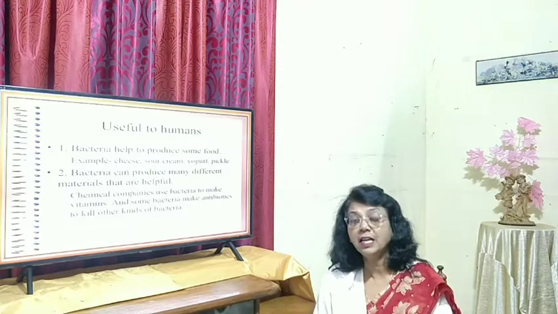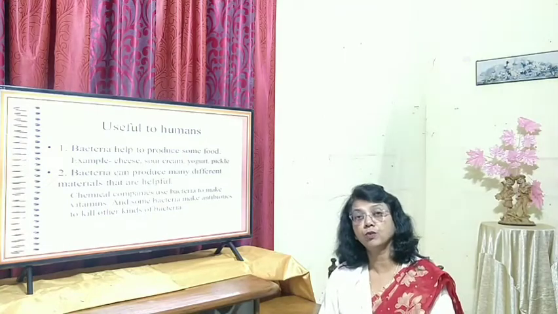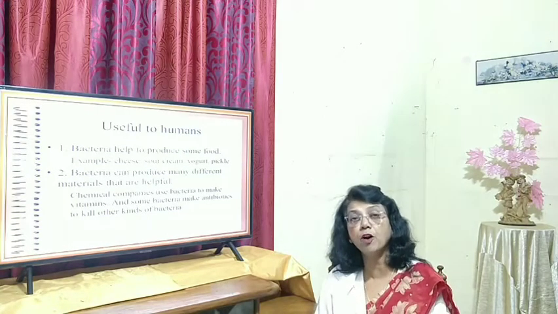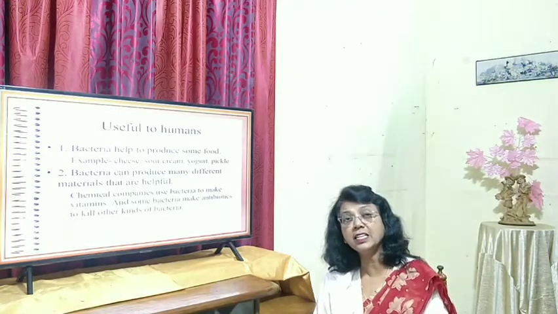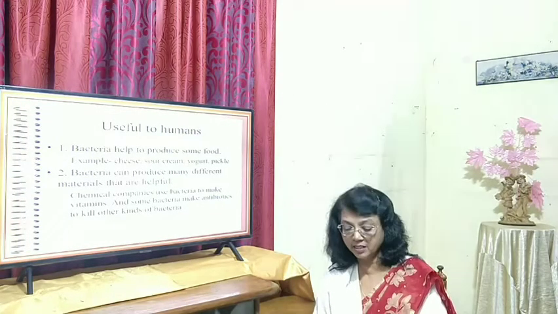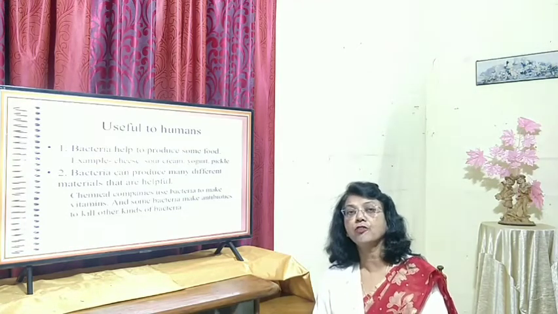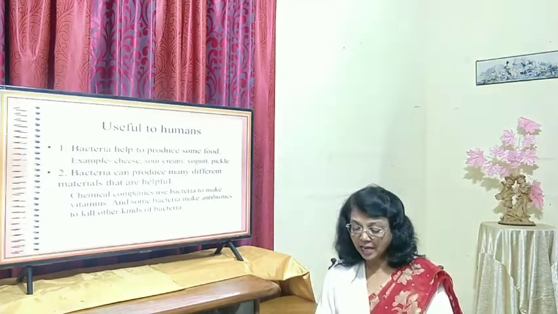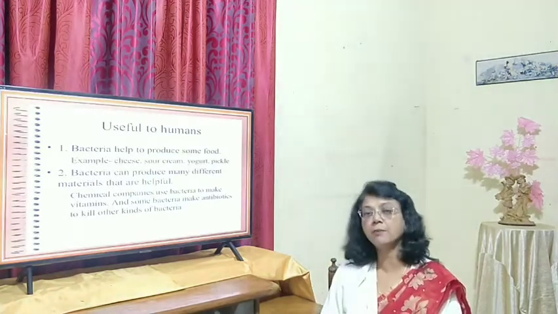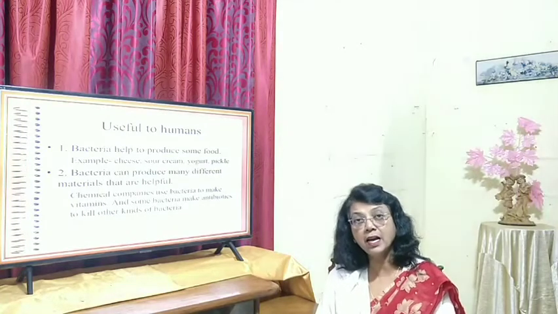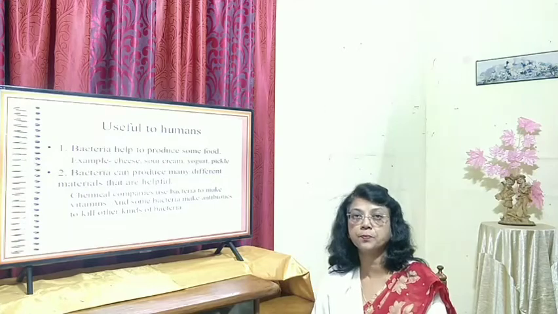You know, children, that the tanning of leather is also done with the help of bacteria. What is tanning of leather? It is the removal of dead skin and hair from the hides, that is, from the dead skin of animals, done by fermentation with the help of bacteria, and then the leather goods are produced.